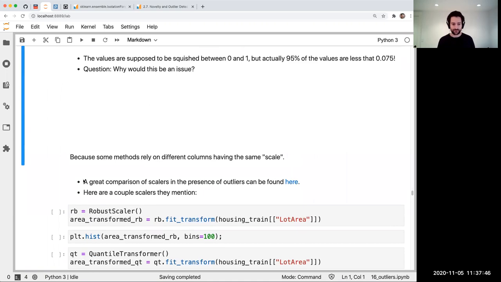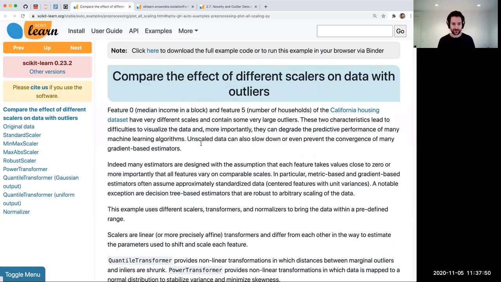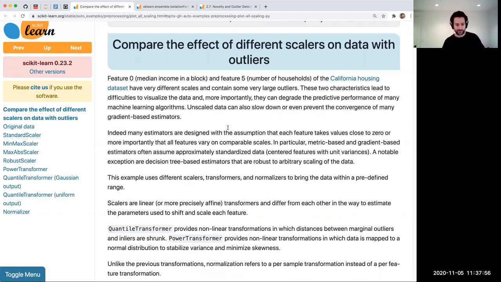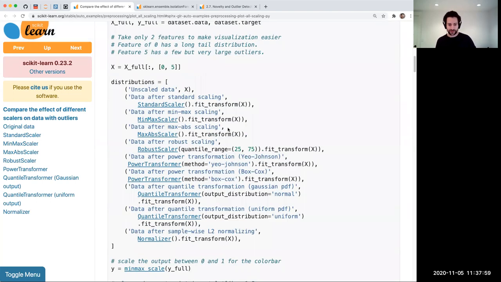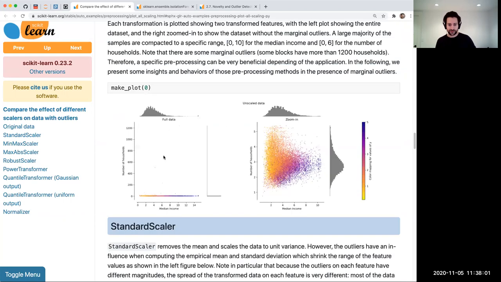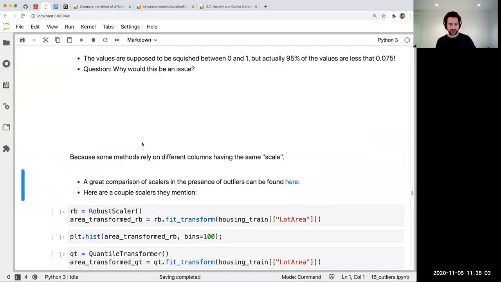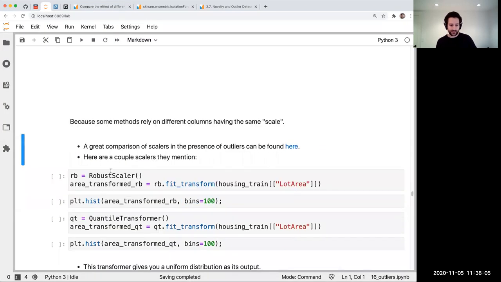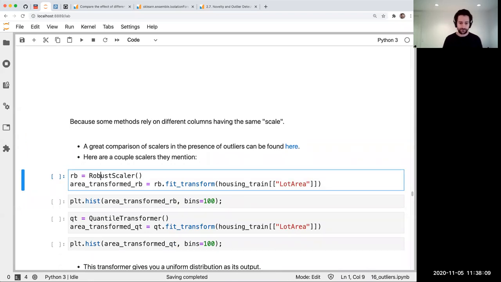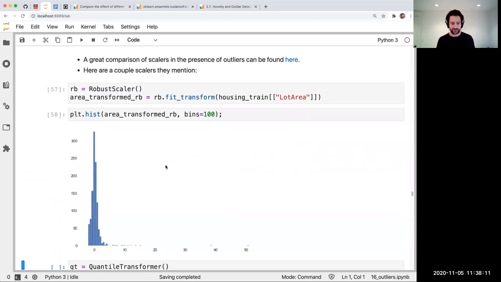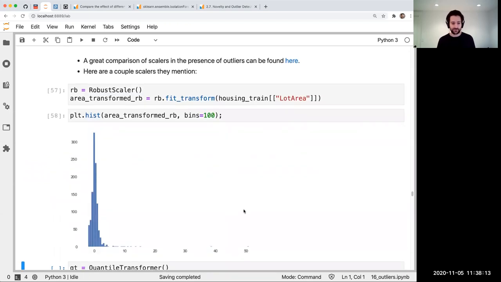Yeah, so there's this scikit-learn page that talks about different scalers on data and their effect on outliers. So this is a really good read. Maybe I should add this to the course webpage. Anyways, we don't need to go into that right now. But a couple things they talk about in there is this robust scaler, which tries to ignore outliers.